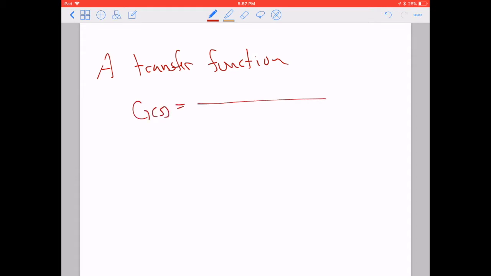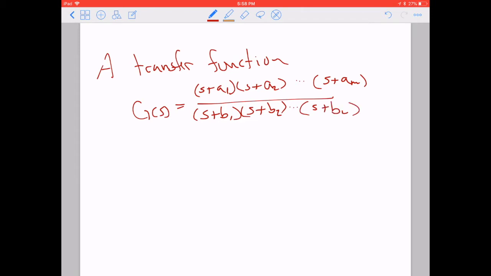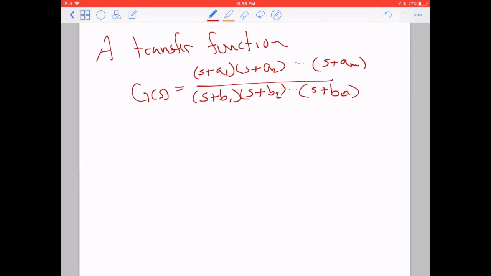G of s is equal to the product of a bunch of zeros on the numerator over the product of a bunch of poles, and these dictate the stability of our system. There are a number of advantages for using transfer functions in analysis, and I'll just list them and talk them through.